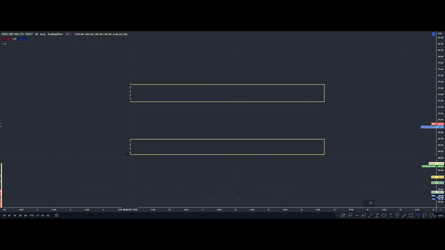So, for this first example, say something works its way down into this demand zone. You get a little bit of a bounce, but ultimately it fails to clear this zone and reverse, and this ends up breaking down through this zone.